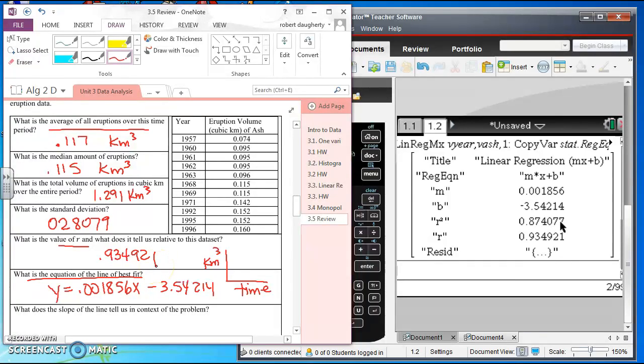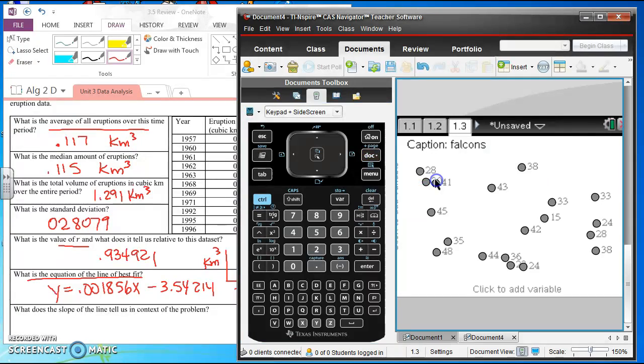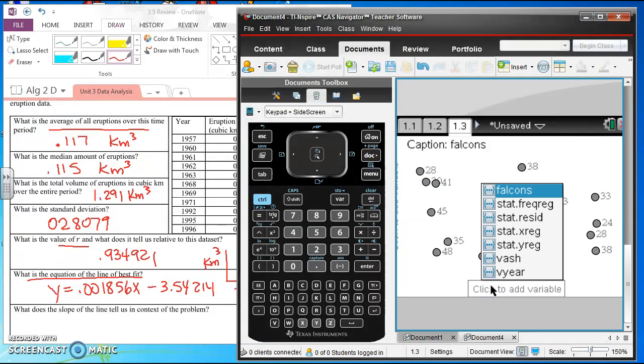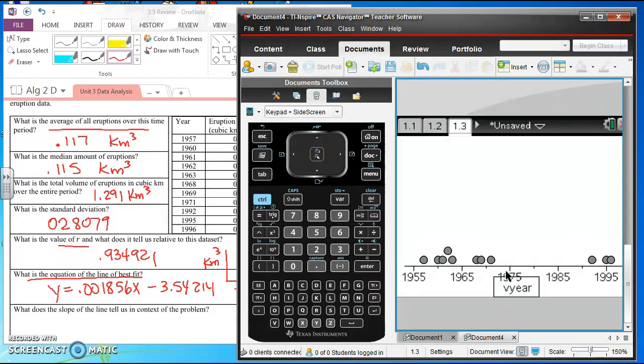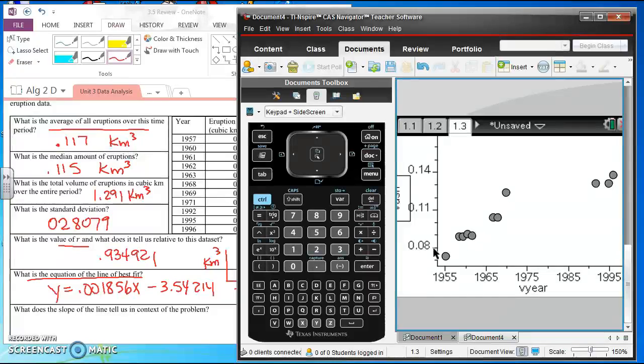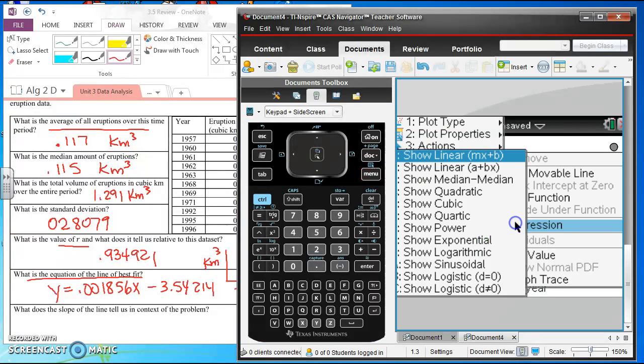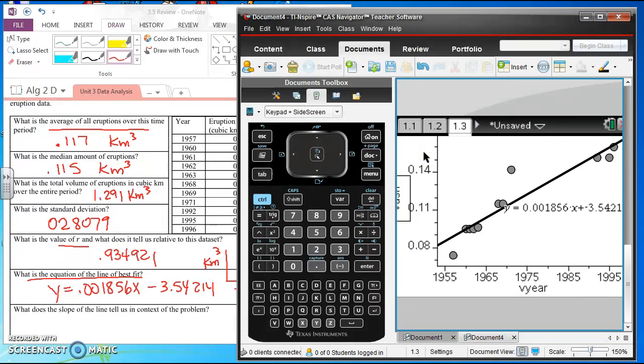The other way I could have gotten the equation of the line is from a plot. I could have come to my calculator and said, let's create data and statistics, let's put my year on the horizontal axis, let's put my ash on the vertical axis, and then menu, analyze, regression, mx plus b, and you should see that same line there.